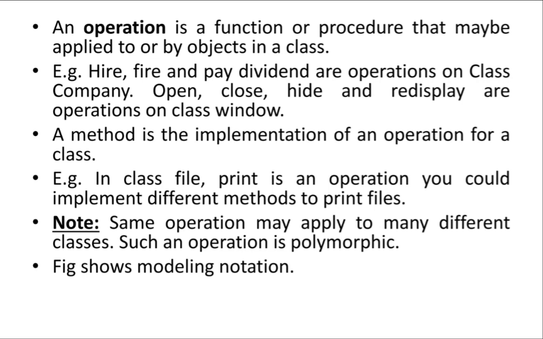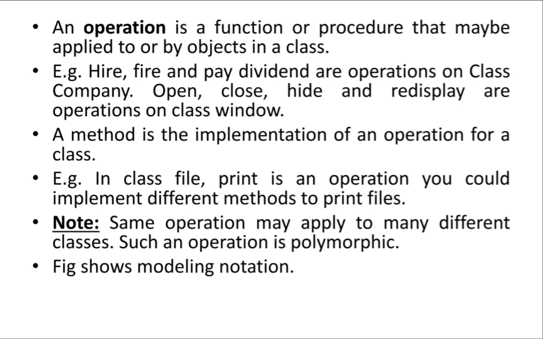That is the operation. But how you implemented it? One program contains 3 lines. That is one implementation. One program contains 5 lines. That is the second implementation. One program contains 100 lines. That is the third implementation. So 3 programs are doing the same task, printing, but they are different. Hope you are understanding now. So print is an operation, but to print it, I can write any program in any way.